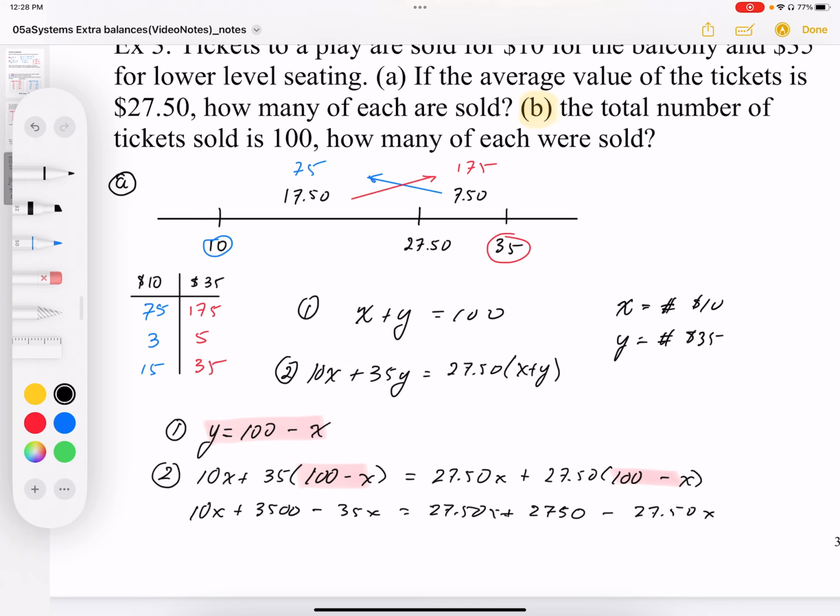Okay, so those x's will cancel out on this side.